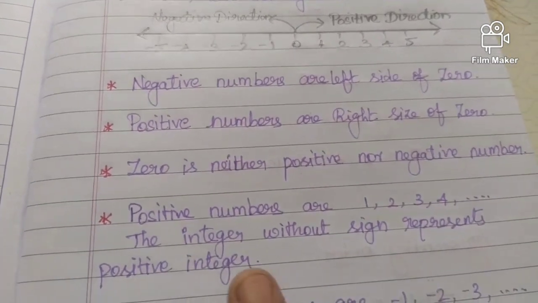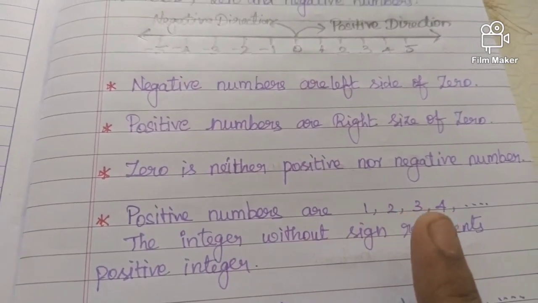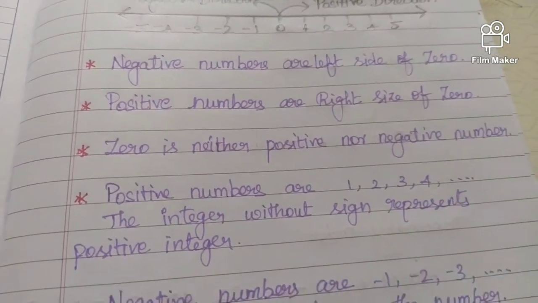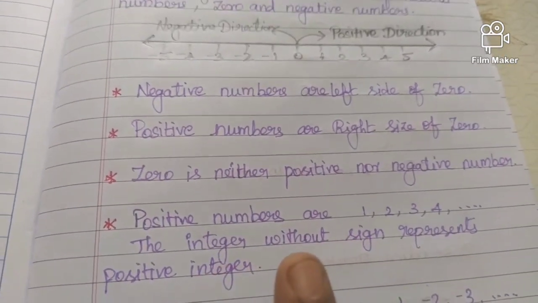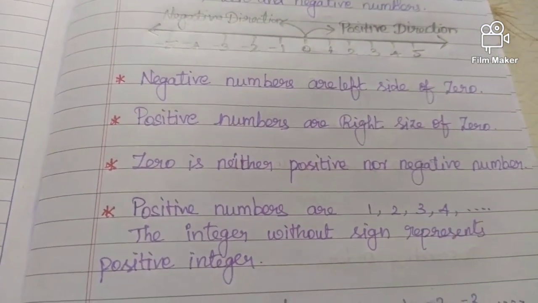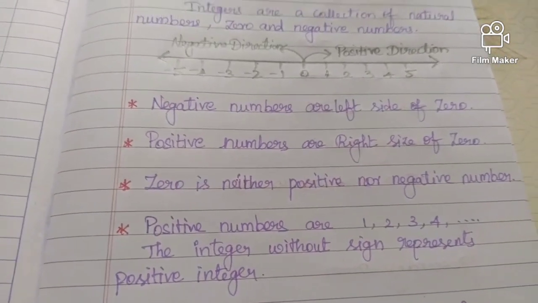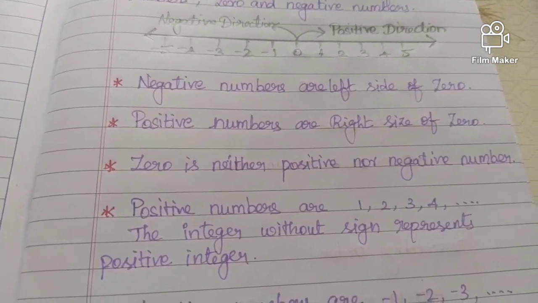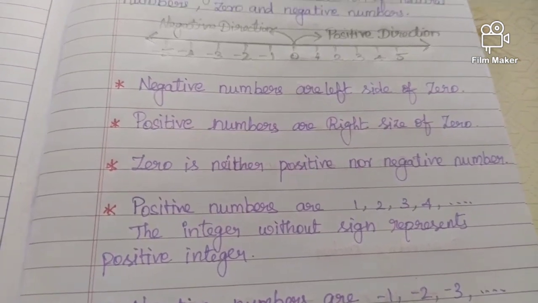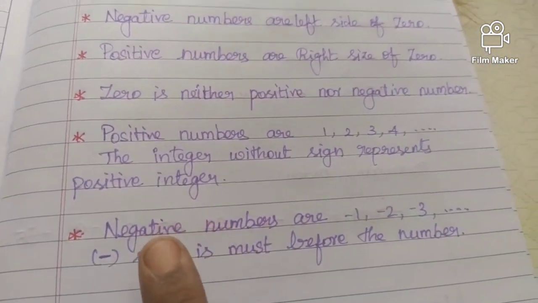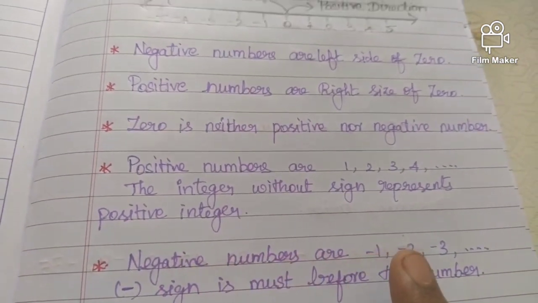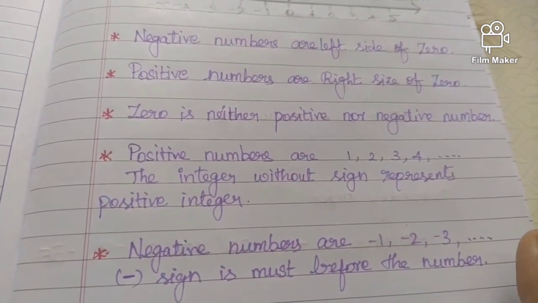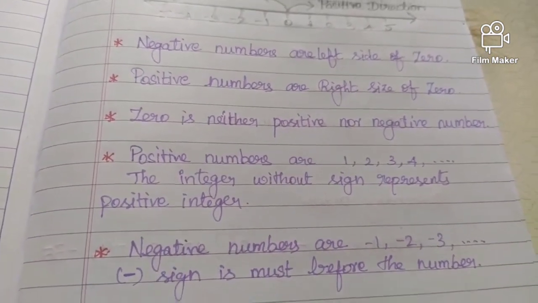Positive numbers are 1, 2, 3, 4 and so on. An integer without a sign represents a positive integer. We all know that if there is no sign before the number, it is considered a positive number. Negative numbers are -1, -2, -3 and so on. Both kinds of numbers are endless.